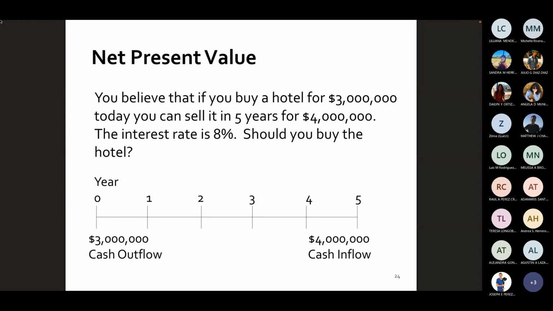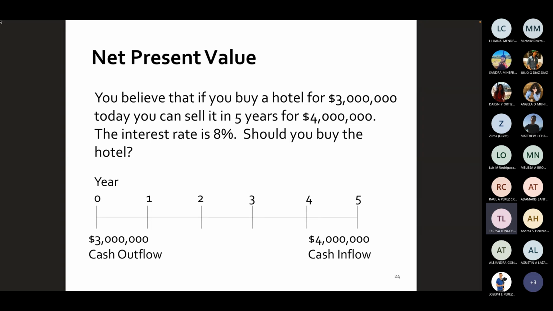All right. Okay, so here's a question. We talked about the basic time value of money relationship. How does that affect an investment decision like this? You believe that if you buy a hotel for $3 million today, you can sell it in 5 years for $4 million. So let's assume that that's true, okay?